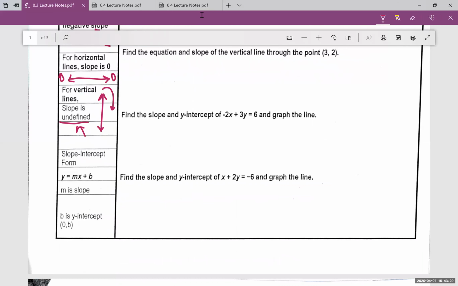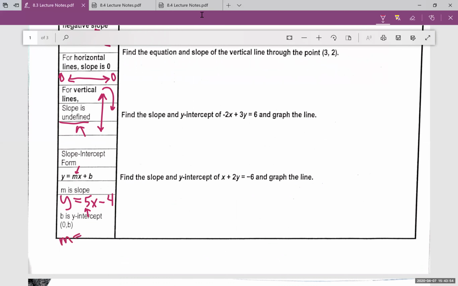Again, slope intercept form, y equals mx plus b. M is the slope, b is the y-intercept. So let's say you had the line y equals 5x minus 4. We know that m is the slope, okay?